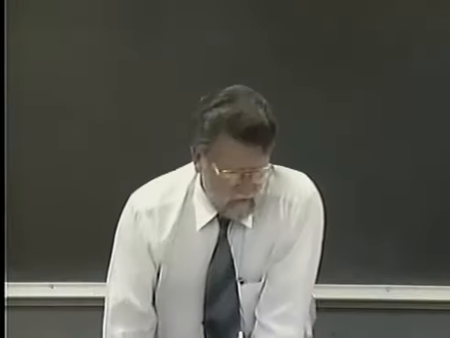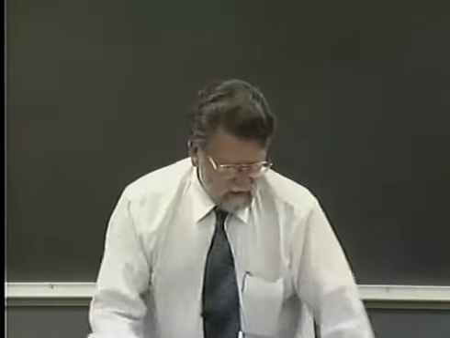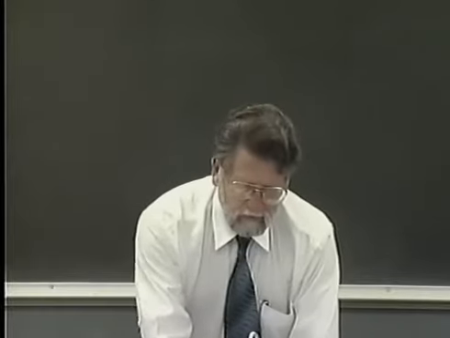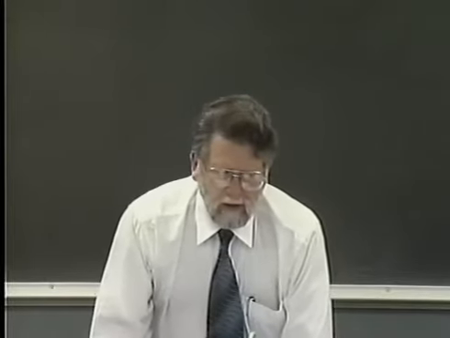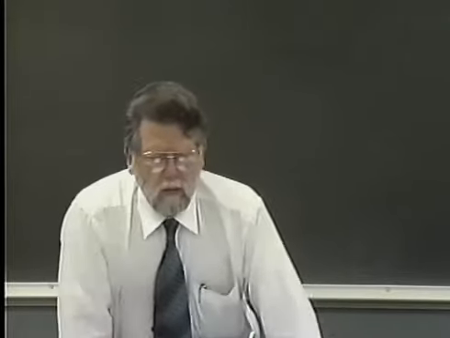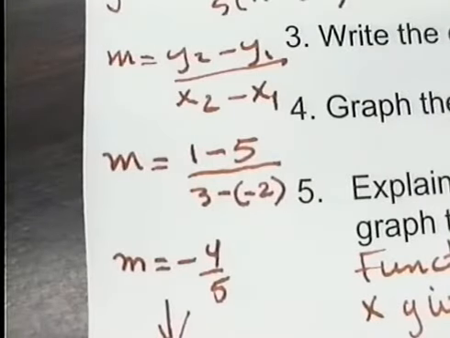The first thing we need to do is find the slope. There's my formula for the slope: y sub 2 minus y sub 1 over x sub 2 minus x sub 1. And I get a slope of -4 over 5. That's just a matter of substitution.